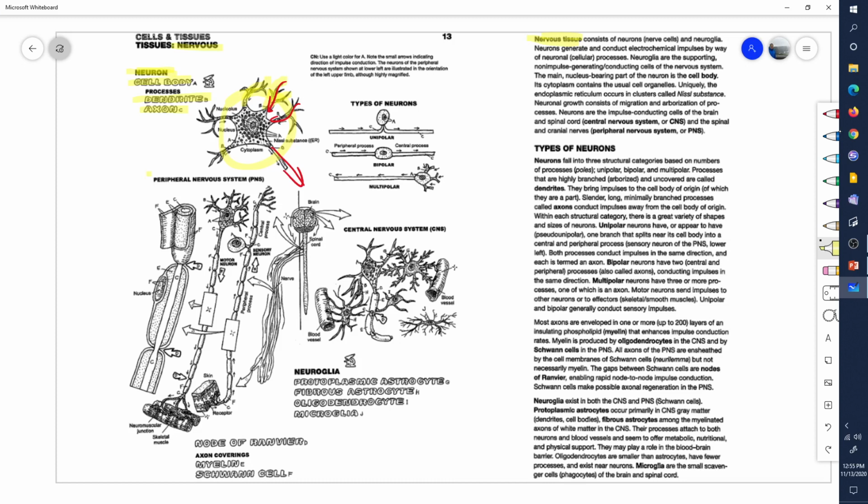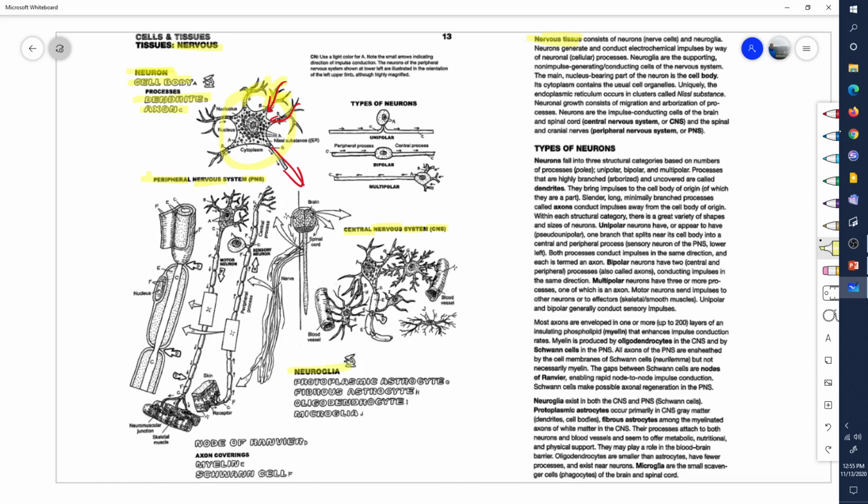The peripheral nervous system is all of the nerves outside of your brain and spinal cord. All the neurons, say in your arms and legs, for example. The central nervous system is the nerves and neurons within the CNS, the neurons within your brain and spinal cord.